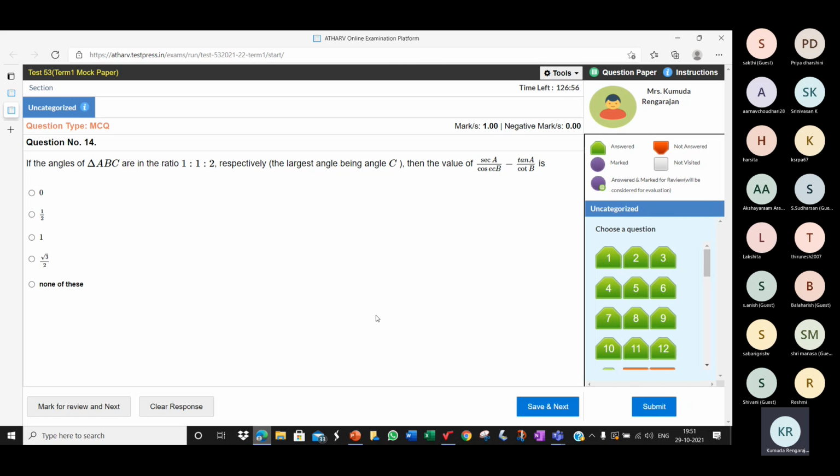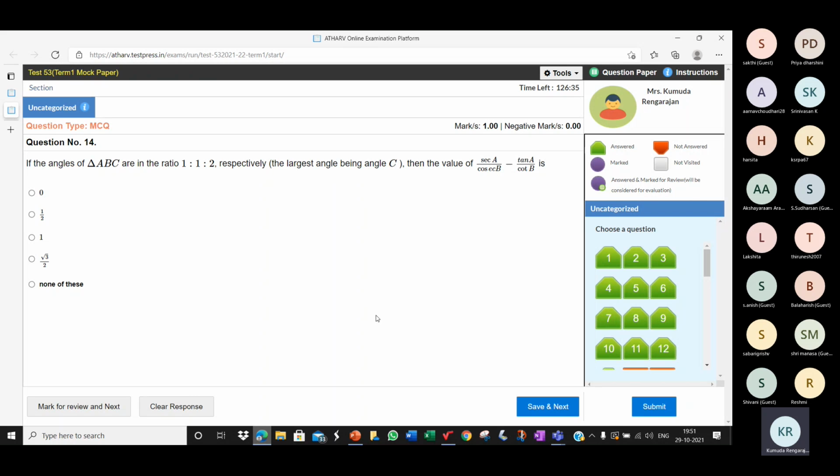X is 45, 2x is 90. So what's the measure of angle A, children? 45 degrees, ma'am. Angle B, 45 degrees. Angle C, 90 degrees. Yeah, please substitute. So A and B are 45.